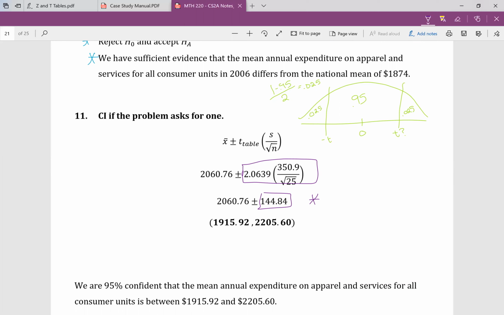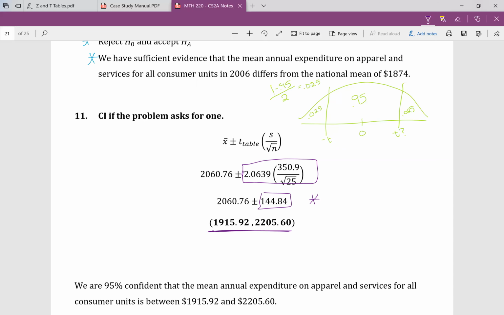Then we got a confidence interval that was different than 1874. Do you agree that the number 1874 does not fall in this interval? It does not. So the confidence interval is different from 1874, and the conclusion of our hypothesis test is that mu is different from 1874.